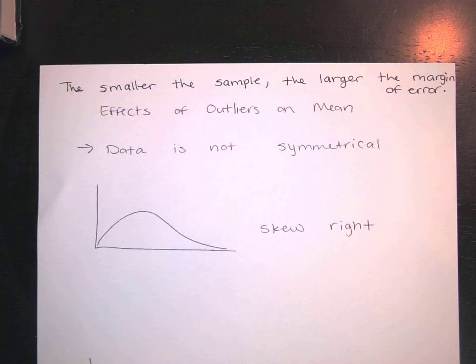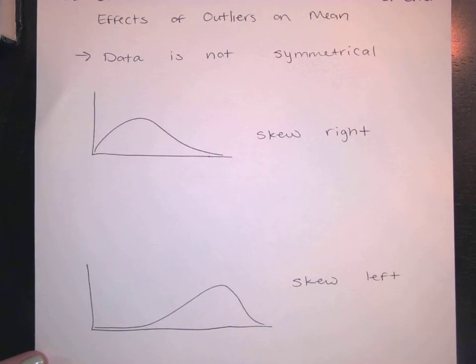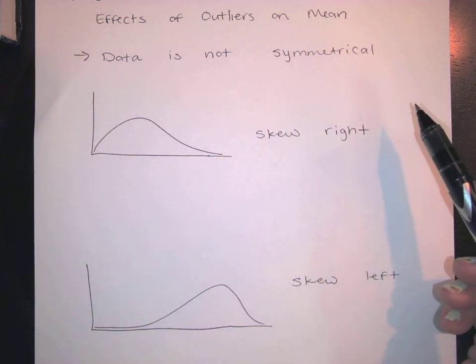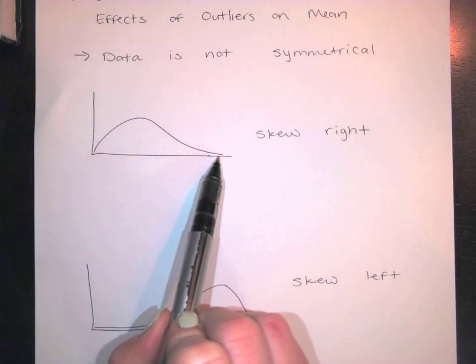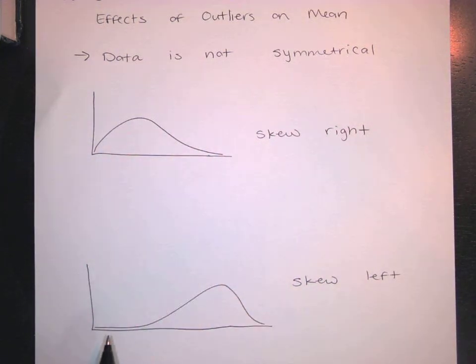One last comment here. So far we've just talked about normal distributions, which are symmetric around the mean. It may be the case that our data is not symmetric. We could have outliers, meaning very large or very small values in our data sets.